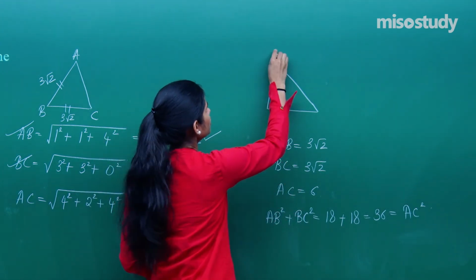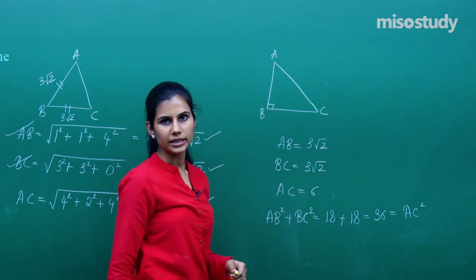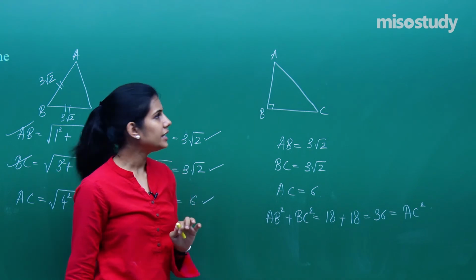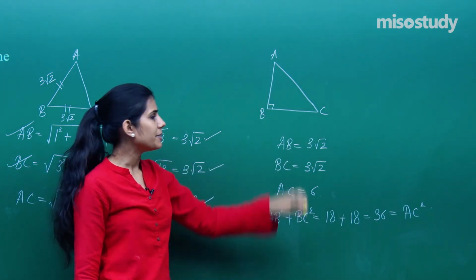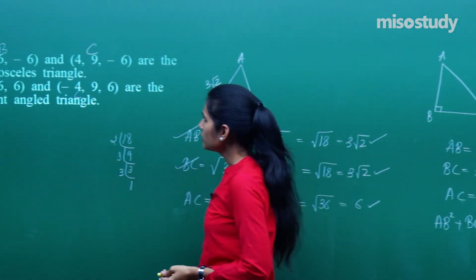So you get hypotenuse will be AC and the triangle will be right angled at B. So ABC is a right angled triangle, right angled at B, AC is the hypotenuse, BC is the base, AB is the height, everything you know. Okay? Let's talk about the next question now.